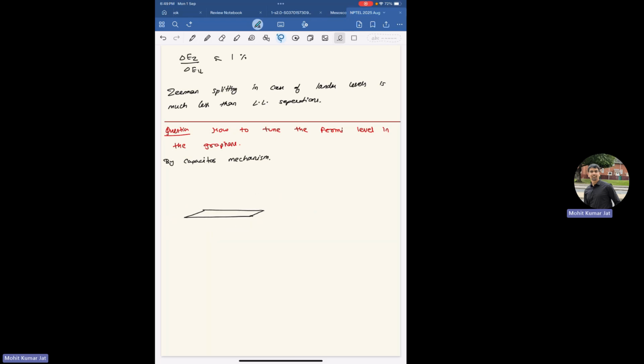This is your graphene, and you have your band dispersion which is linear. So this is E versus K. Your Fermi level is here somewhere initially. This is what I'm drawing at the K point, either K or K prime.